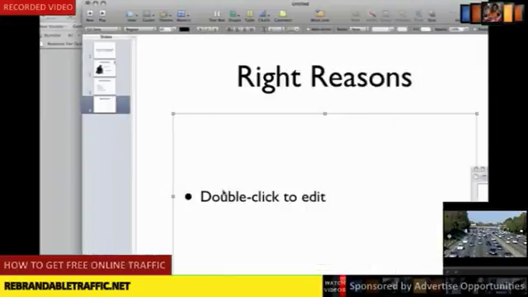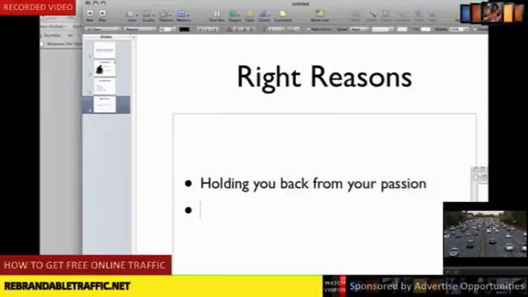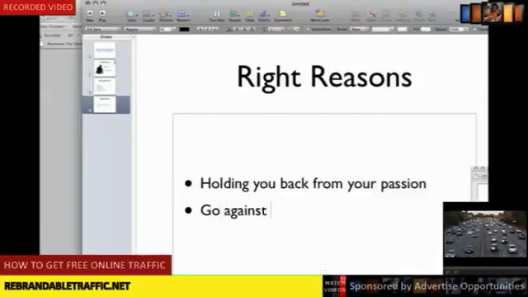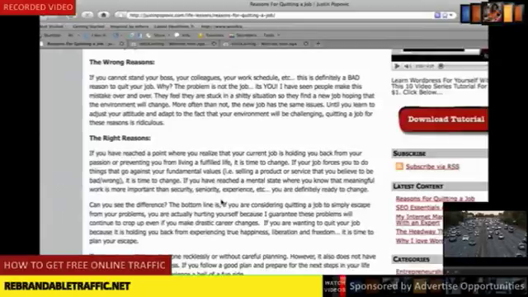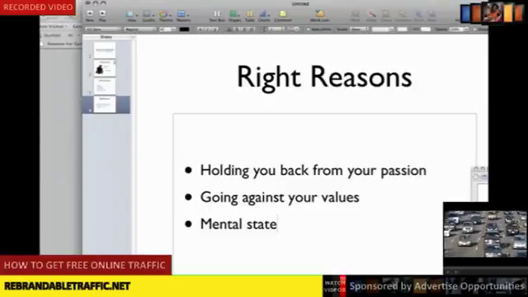So holding you back from your passion, going against your values, reaching a mental state where you know that meaningful work is more important than security, seniority, experience, and so on. A mental state of freedom.